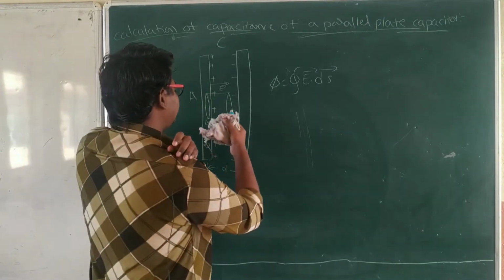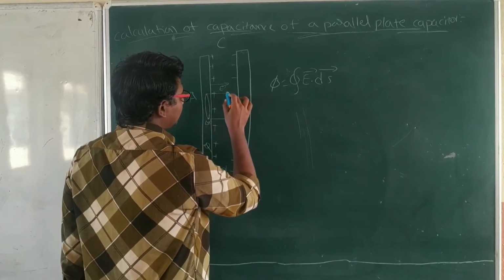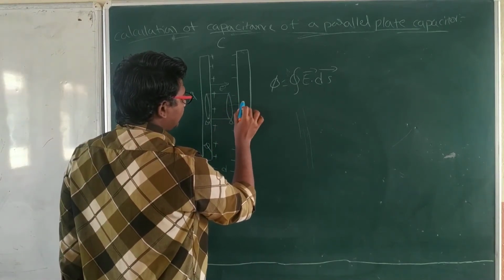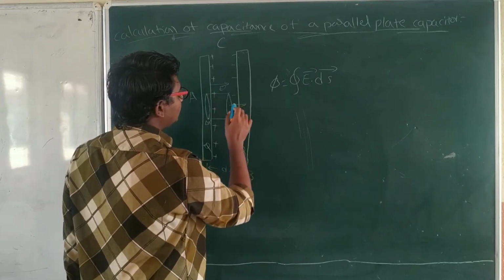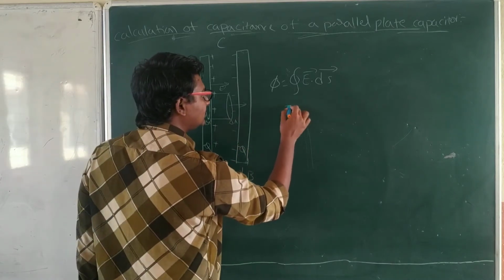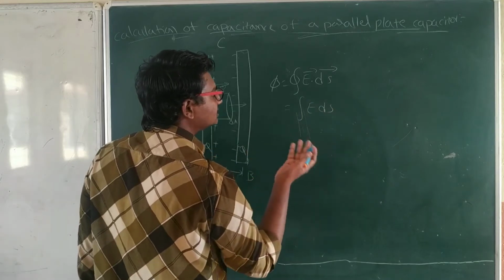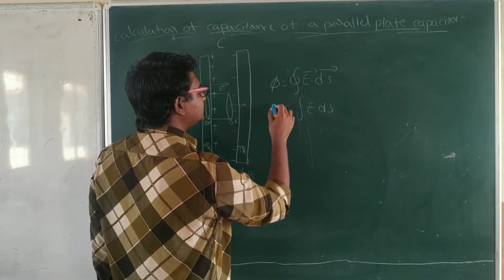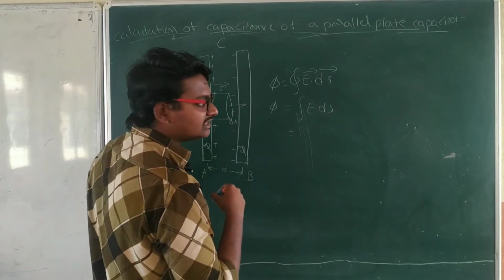And now what is remaining? Just delta A is remaining. Now delta A's area vector and E both are making an angle 0 degrees to each other. That's why simply we can write phi is equal to integral E ds cos theta. Cos 0 is 1 only. Now phi is equal to integral E ds.